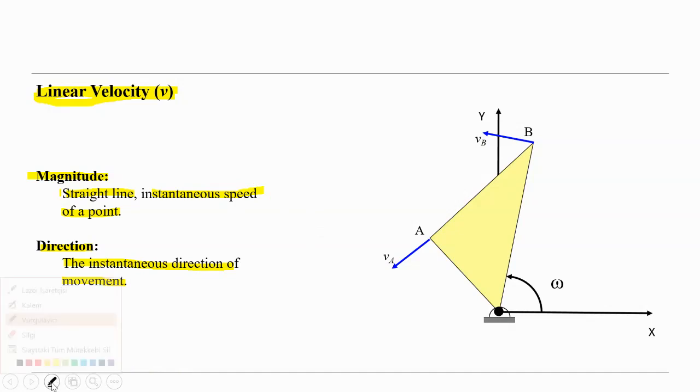That means for an instant, maybe it undergoes a general plane motion, linear and rotation mixed, but for an instant, for the time being, it undergoes a linear motion.